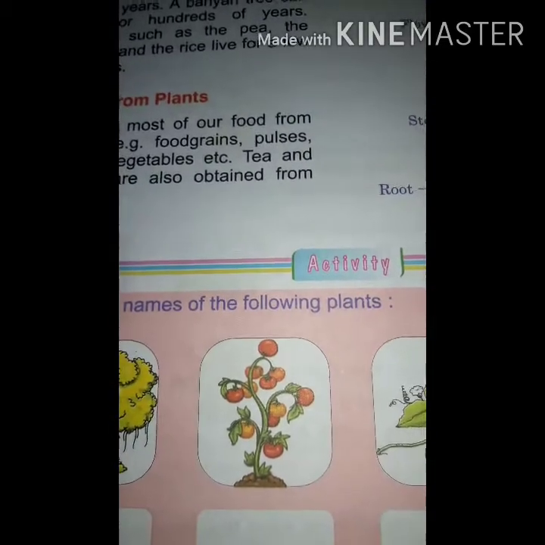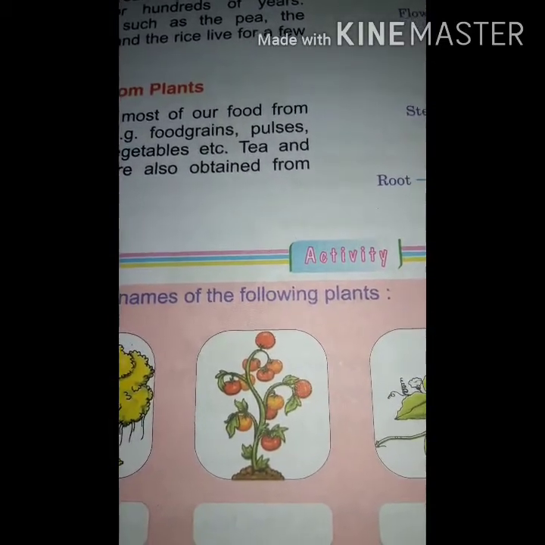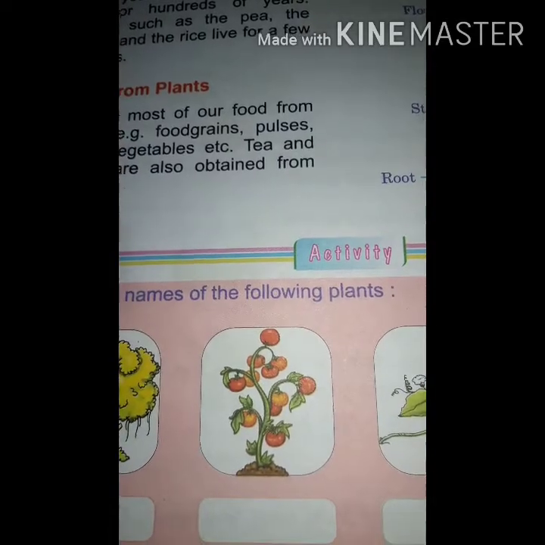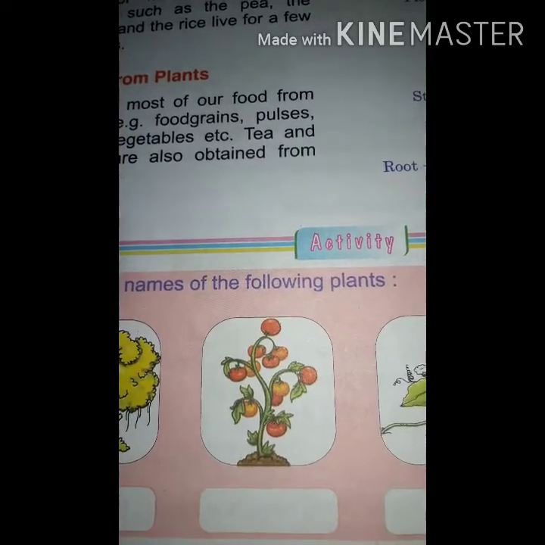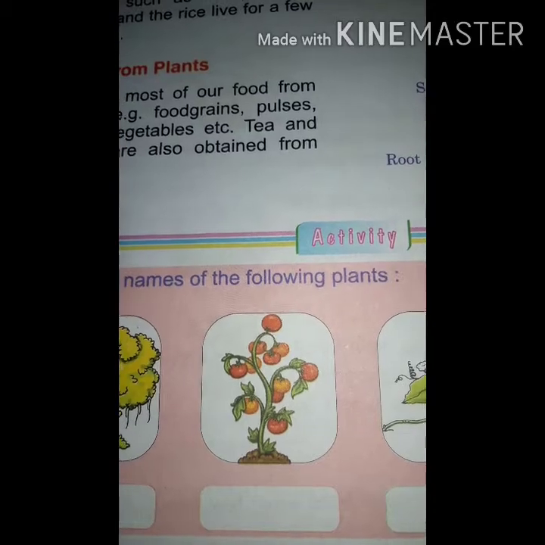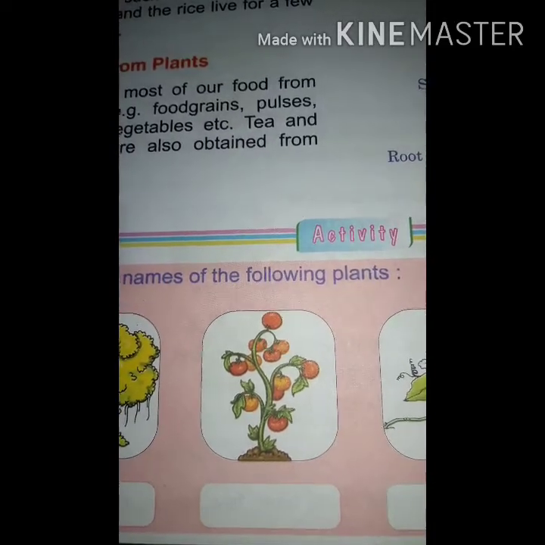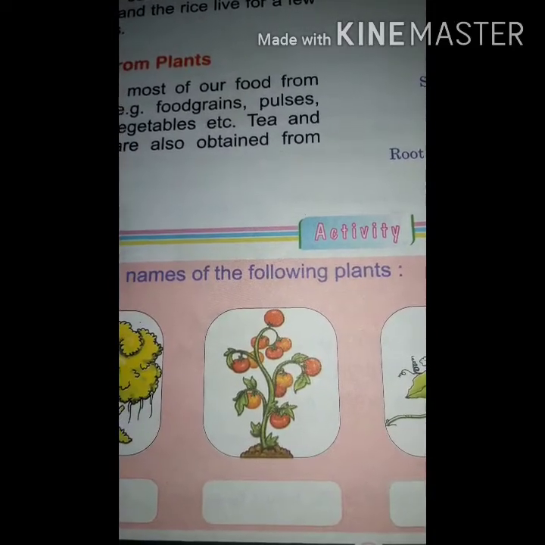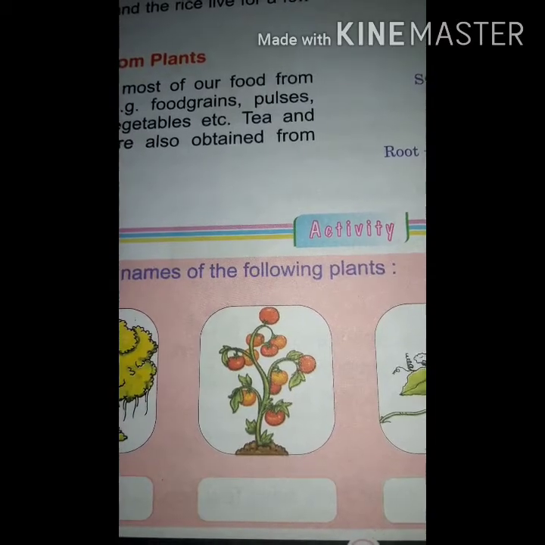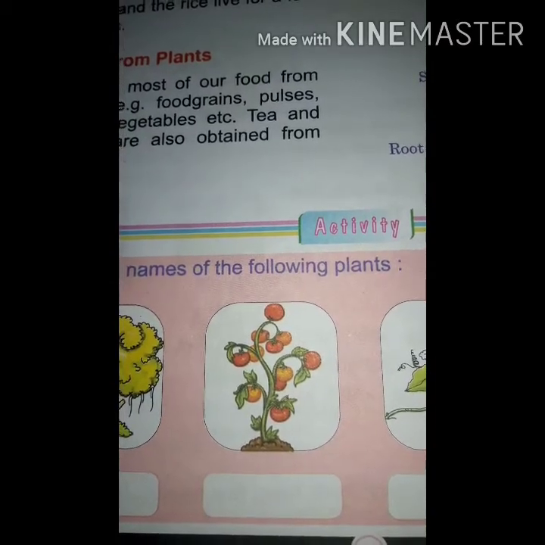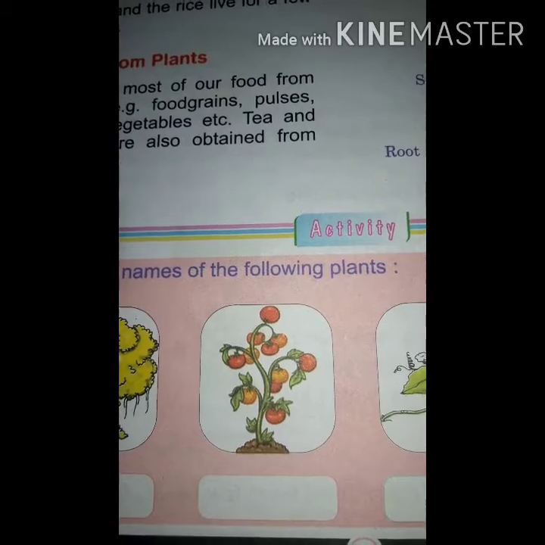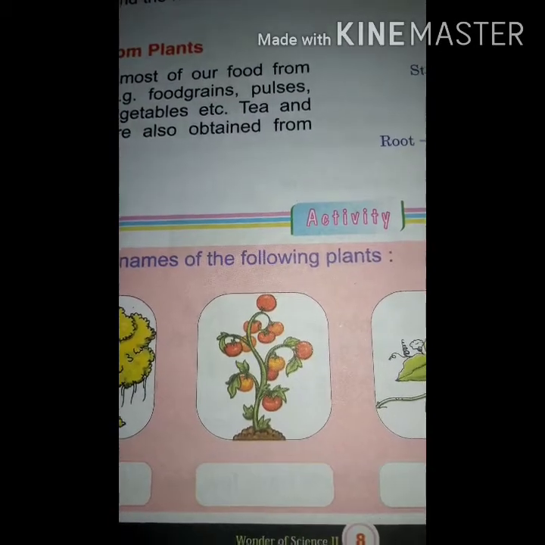It should be well known to you that air, water and sunlight are necessary for the growth of plants, because these are the essential things to grow the plants.